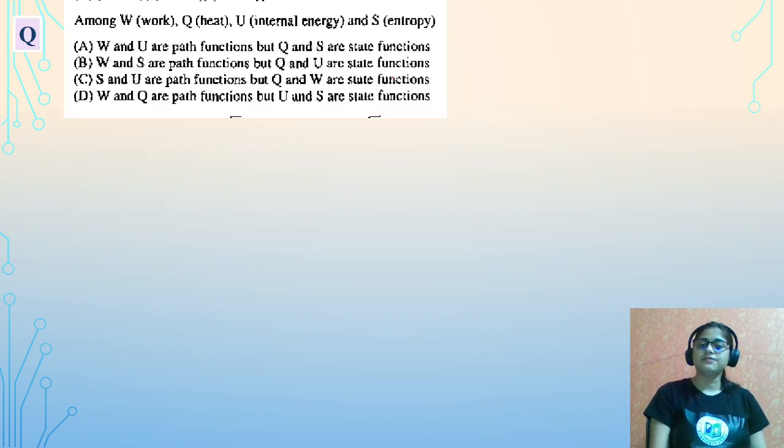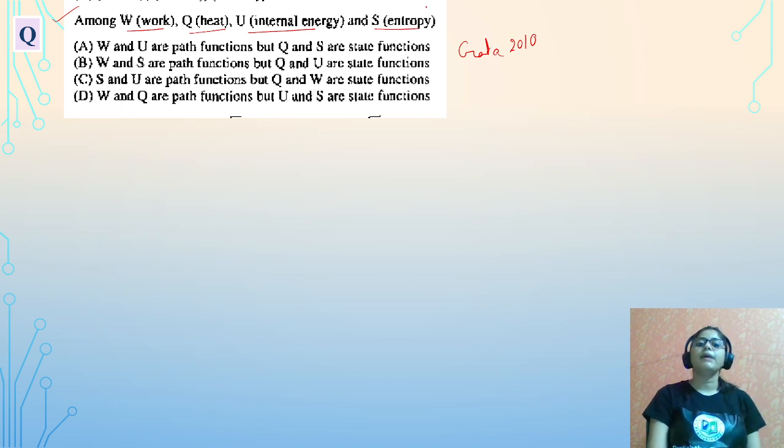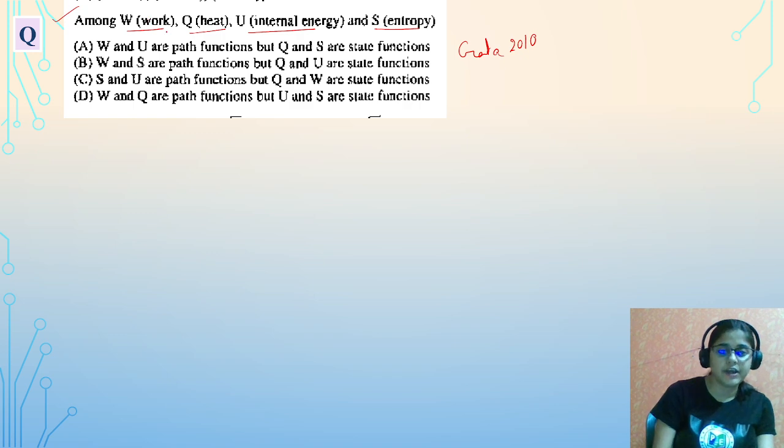Next question. This is from GATE 2010. Okay. So I hope you understand that. This is W, this is Q, this is internal energy, this is entropy. Entropy you have not read yet, but let's see the other factors here. So W and Q, okay?